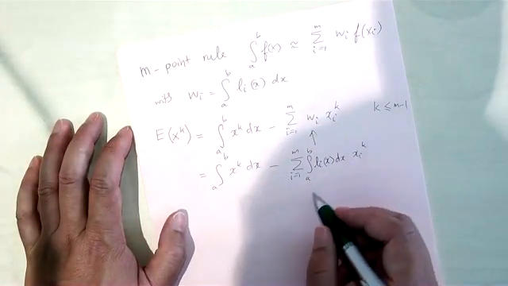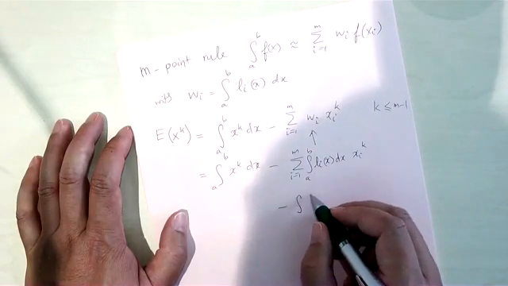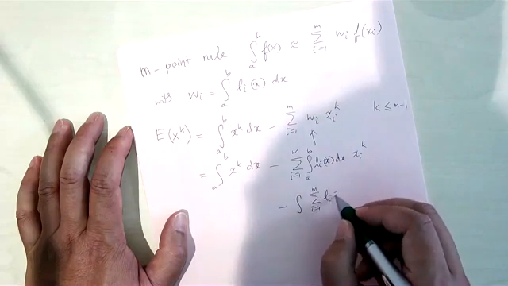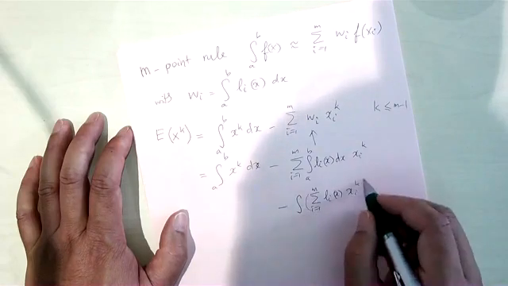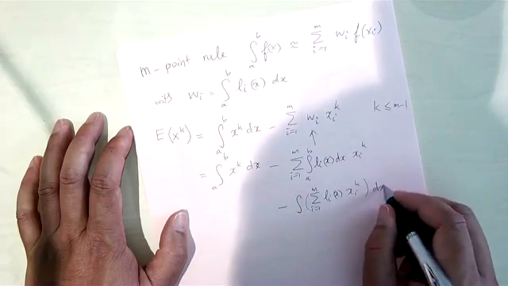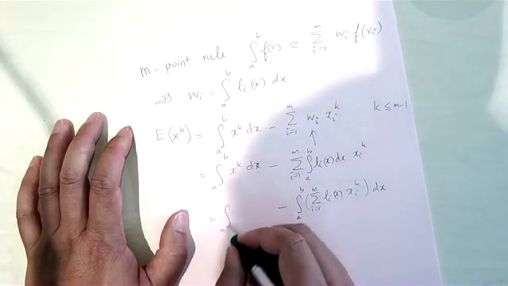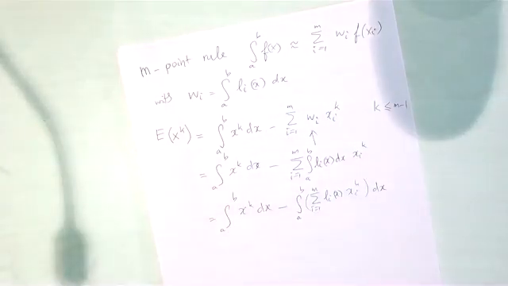I can change the sum and the integral. So this looks like the sum i from 1 to m, L_i(x) x_i to the k dx. Yeah, I just switch the sum and the integral. Right? So I just plug into the definition.